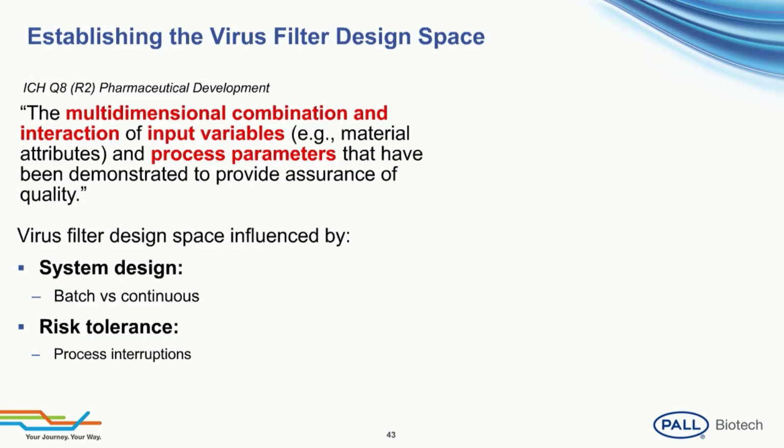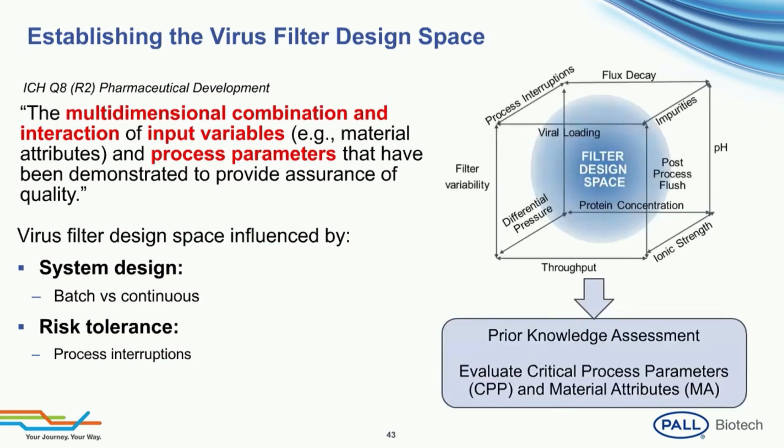Many regulatory agencies expect a technical justification for their virus filter selection. Suppliers should be able to provide data to support use of the filter under the intended processing conditions. Virus filter design space is influenced by, one, system design, whether it is a batch process, a semi-continuous process, or a continuous process, and second, risk tolerance, like process interruptions.